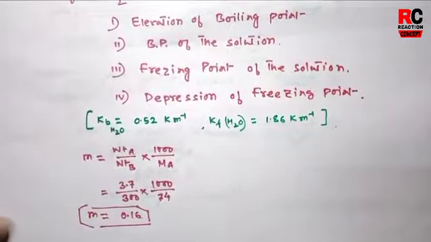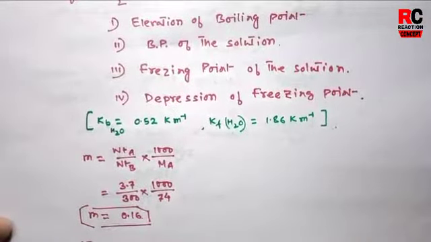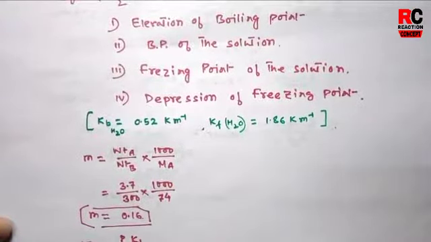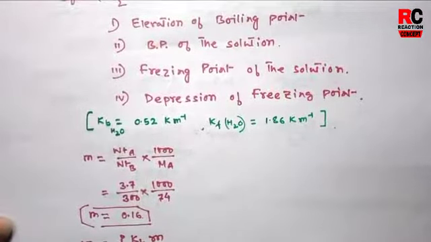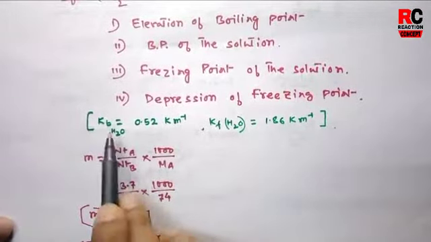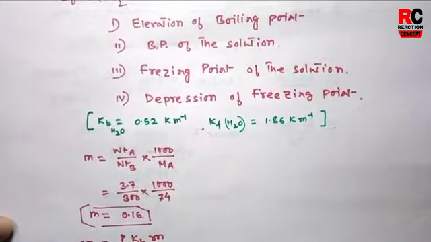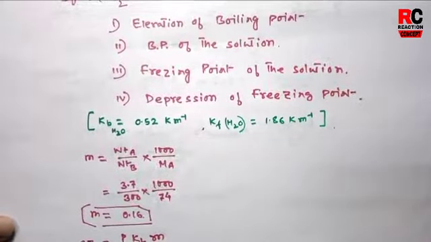Now we have to calculate the elevation of boiling point of the solution. Elevation of boiling point, del Tb, is given by i into Kb into molality. Here i would be 1 plus (3 minus 1) into alpha, where alpha is 0.9. Kb for water is 0.52, and molality is 0.16.